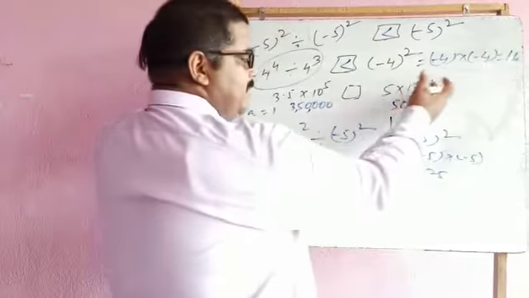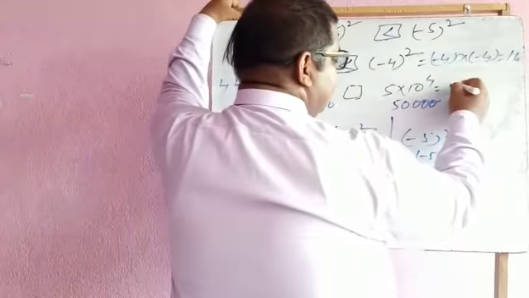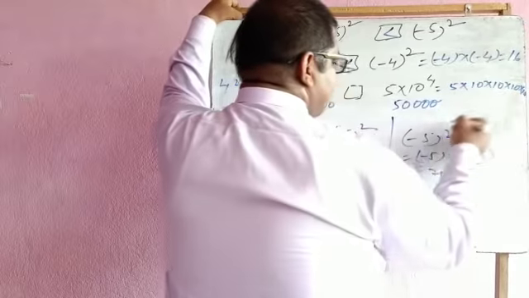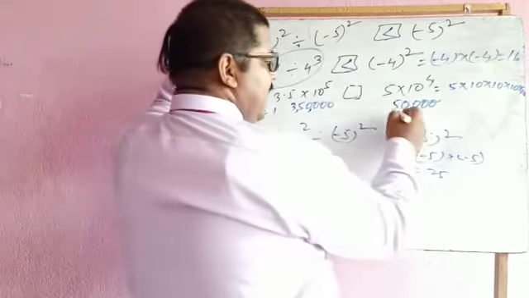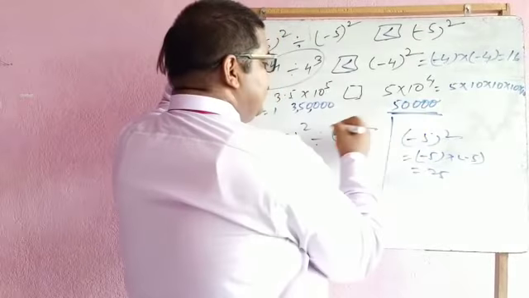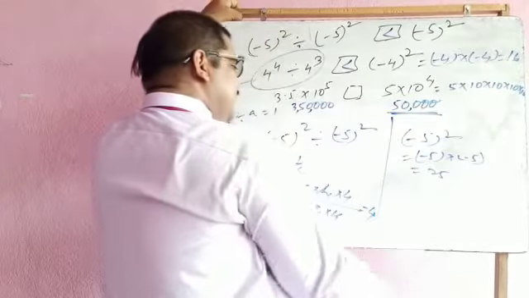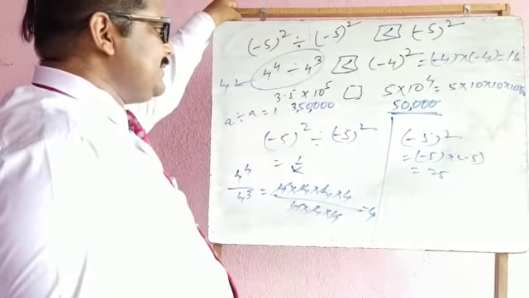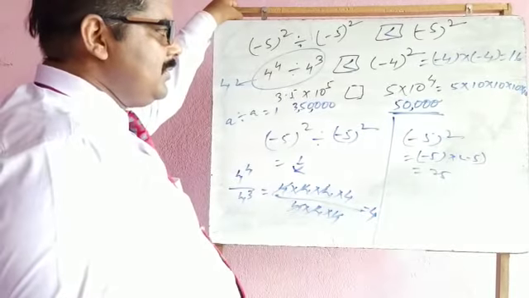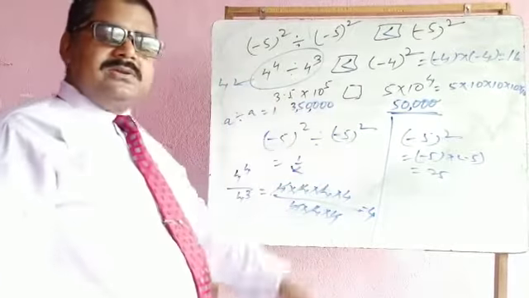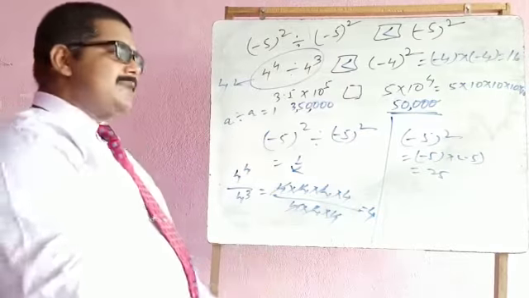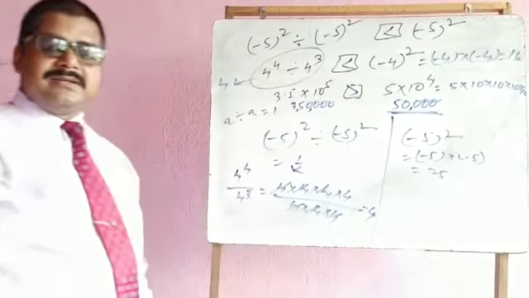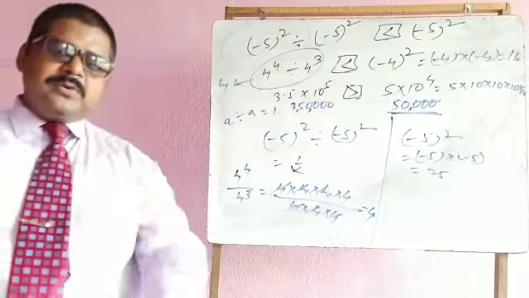When you multiply it, its meaning is 5 into 10 into 10 into 10 into 10. 4 times you have to multiply. And this is why its answer is actually 50,000. Which one is greater and how much? You know that 3,50,000 is much greater as compared to 50,000, and this is why you have to put the greater sign.